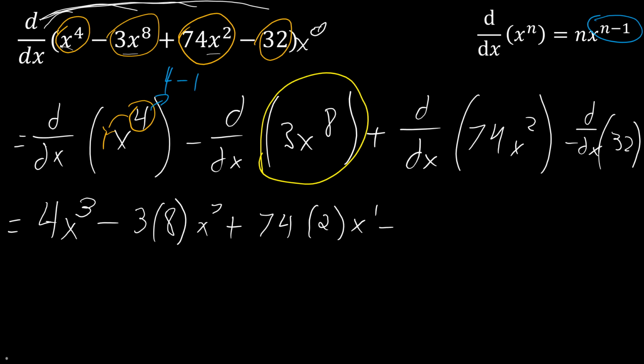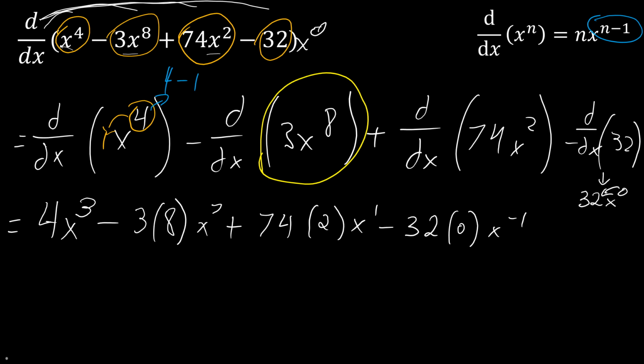And then we're subtracting the derivative of 32, and since 32 is a constant, this is actually 32 times x to the 0. If you multiply 0 by 32, it's just 0. Of course 0 times anything is 0.